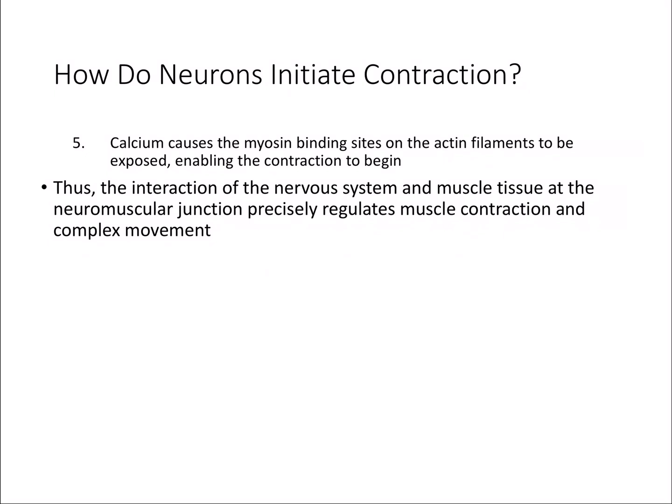We call this the neuromuscular junction because it's the interaction of the nervous system and muscle tissue regulating muscle contraction and complex movement.